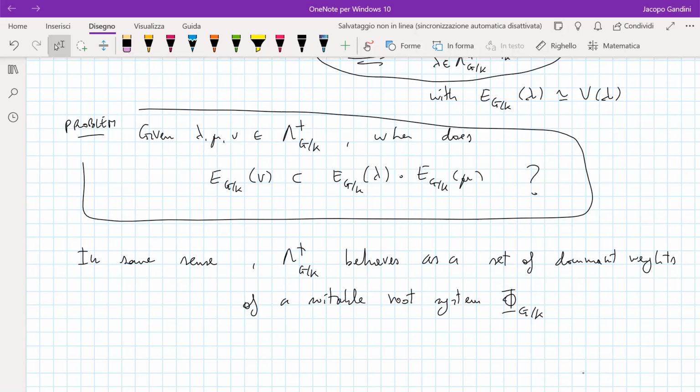And this really allows us to control this set combinatorially and to describe it. So when I said this set of weights is well understood, it is understood as the set of dominant weights of a root system.